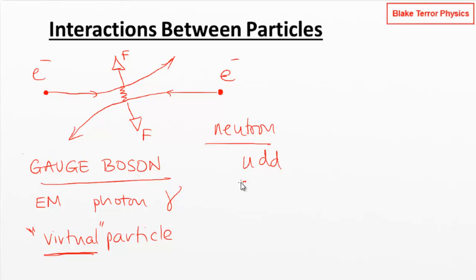This is the strong nuclear interaction, and the exchange particles there are gluons. And these are being exchanged in various ways between the quarks inside the neutron, similarly inside protons. So we need to capture all of this if we're going to describe it all properly.